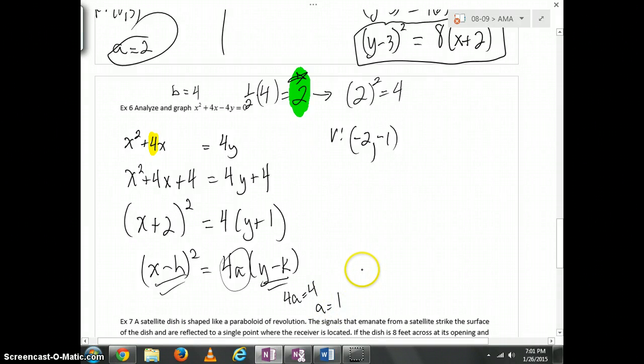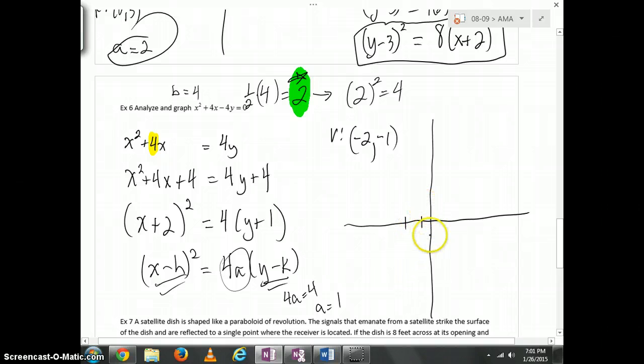Now if a is equal to 1, this is your distance from your vertex to your focus, also your distance from your vertex to your directrix. So quickly, let's take a look at negative 2, negative 1, 2 to the left, down 1 would be over here. Now our focus with a equal to 1, this is a parabola that opens upwards.